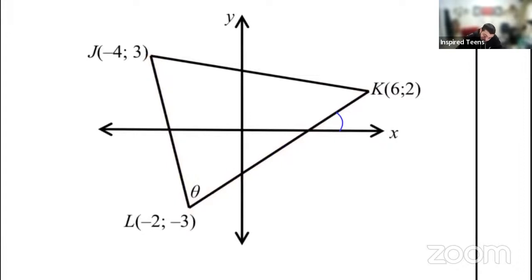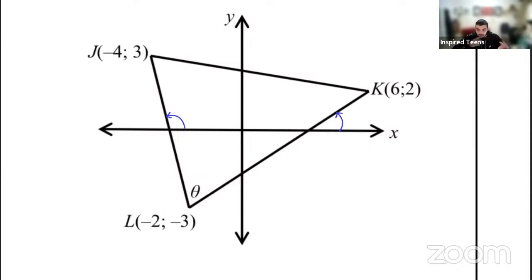The first step in solving these weird angle questions is to understand the angles that you can solve first. That's a brilliant first step.